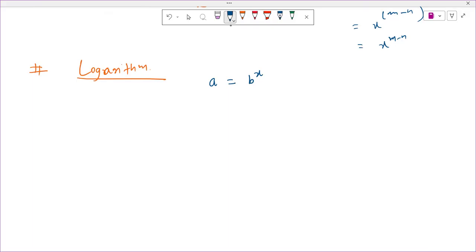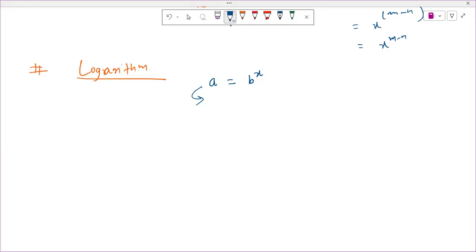Now, is there a different way to write the same thing? Let's say someone is asking the question: what would be the power of b that makes it equal to a?